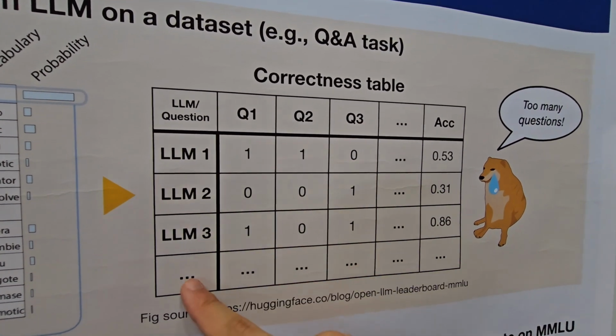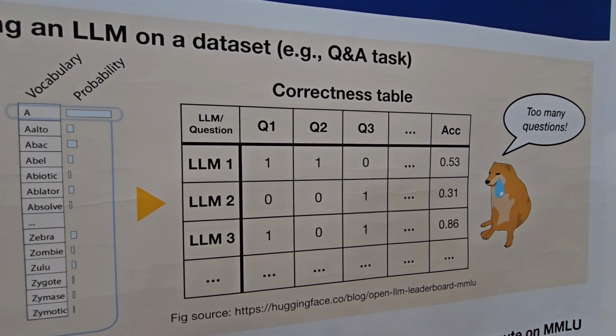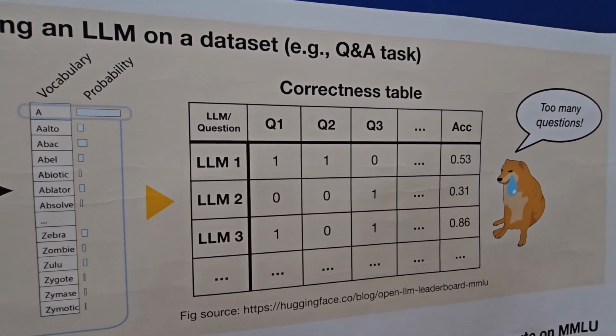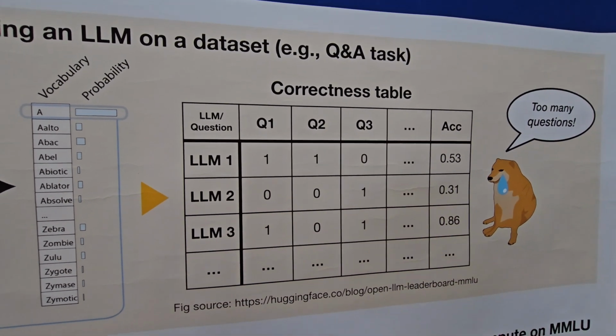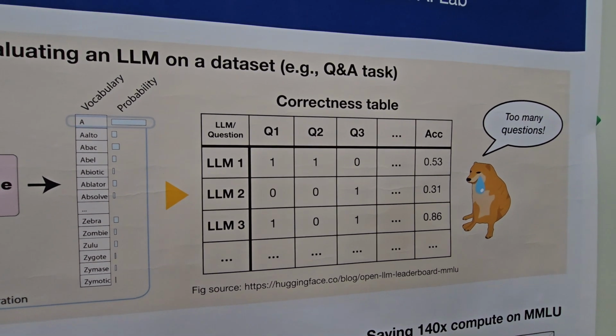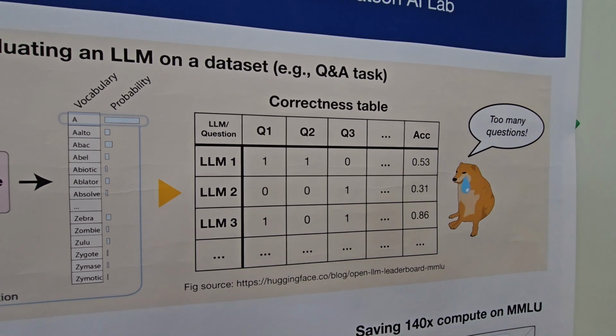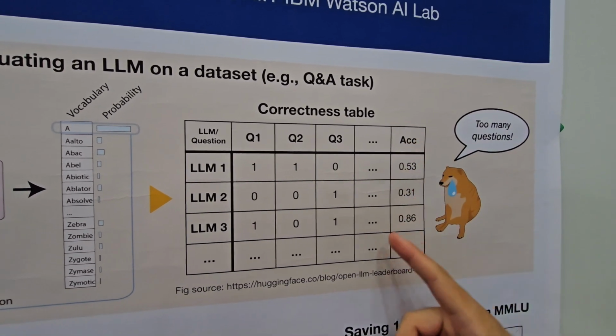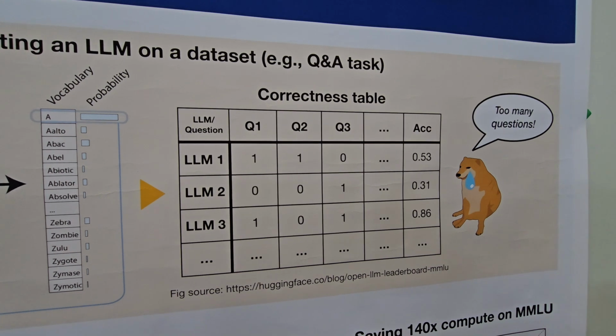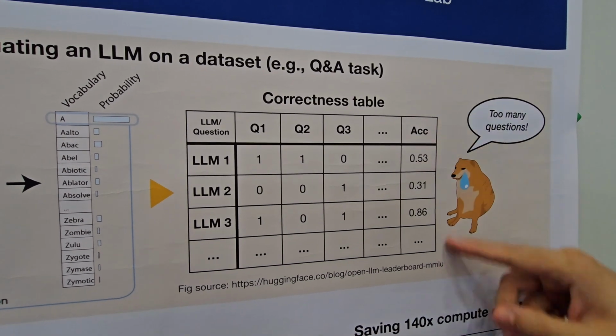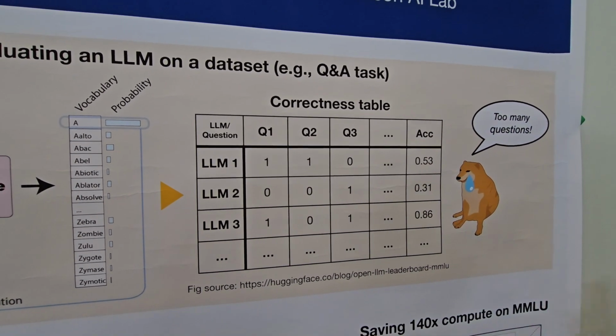In the rows we have different LLMs, in the columns we have different questions, and each entry gives a score for whether the model gets the question correct. But what we really care about at the end is just the final column, the average of all columns, which gives the overall accuracy of the model across questions.